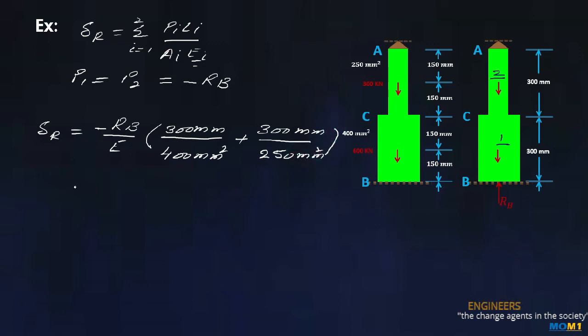Now after solving this we get the value of the deformation del R, that is going to be minus 1.95 into 10 raised to the power 3 RB upon E.